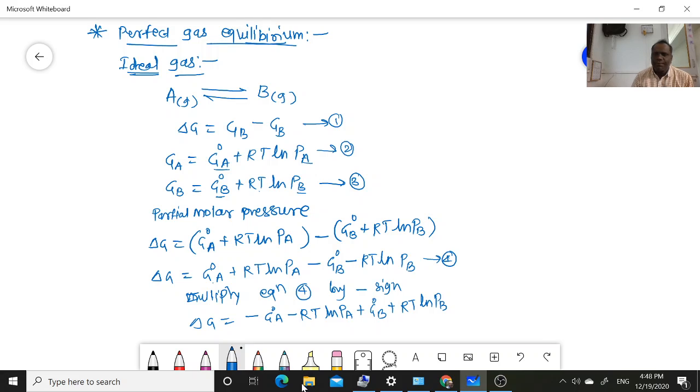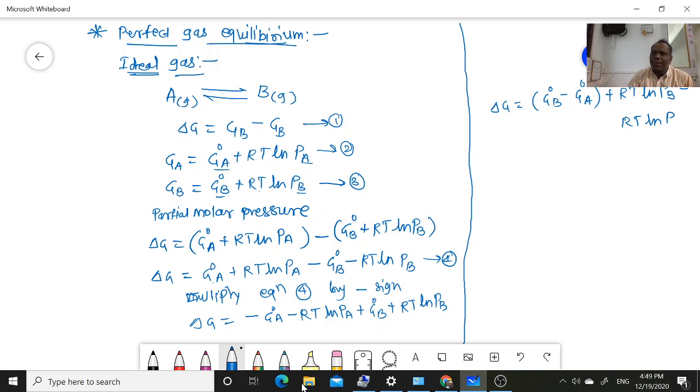So what next? Next, delta G is equal to minus Ga plus Gb, which comes out to be G0B minus G0A plus RT ln Pb minus RT ln Pa.